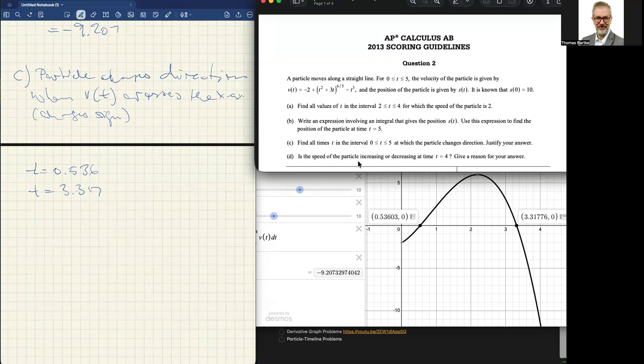D: is the speed of the particle increasing or decreasing at time t equals 4? t equals 4 is right here in the graph on Desmos. So the reason for the answer, or the criteria that you're looking for, is v of t and a of t, which equals v prime of t.